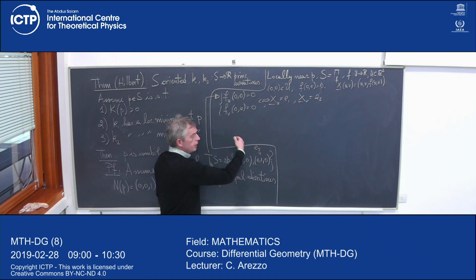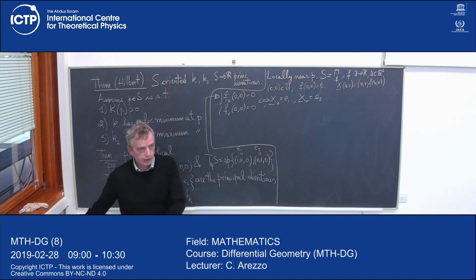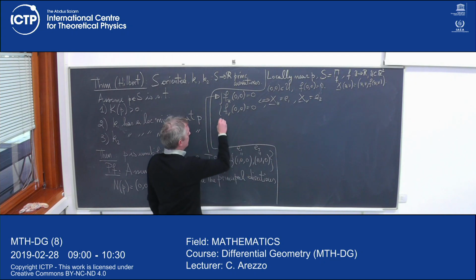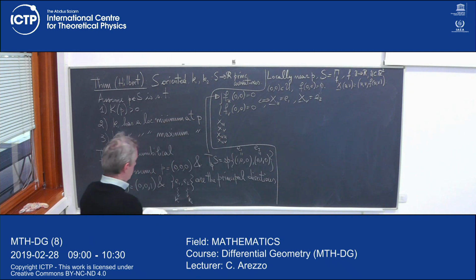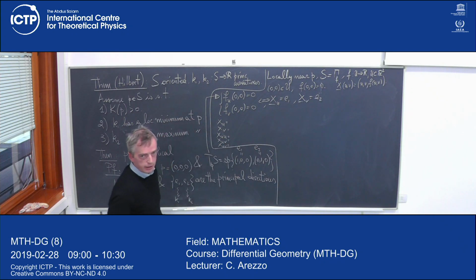In fact, let me do it as part of the proof, but you can isolate it and it's kind of an exercise on the side. Every time your surface is the graph of a function, let's do the standard xu, xv, xuu, xuv, xvv stuff. I mean, let's do the exercise in general.